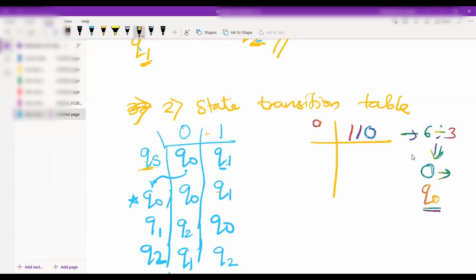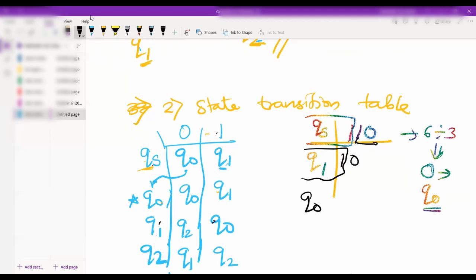So we'll start with the initial state QS. Now I will take QS with the next bit, 1. Where is it going? It is going to Q1. Now we take the remaining string, which is 1 0. So Q1 on 1, where is it going? Q1 on 1 goes to Q0.